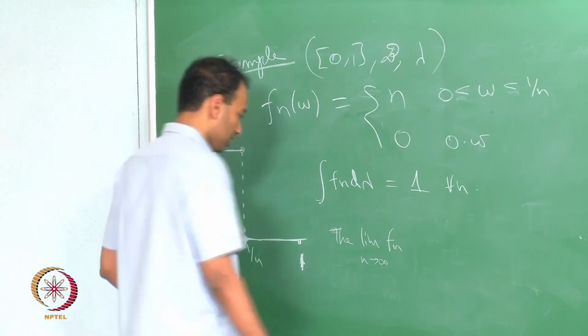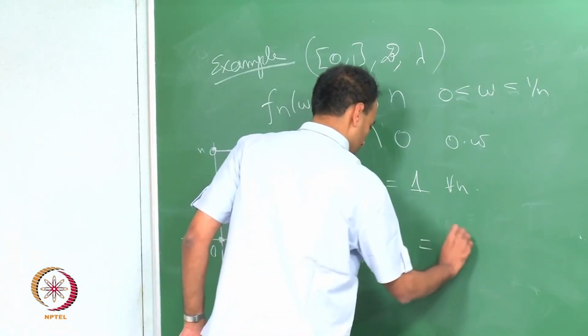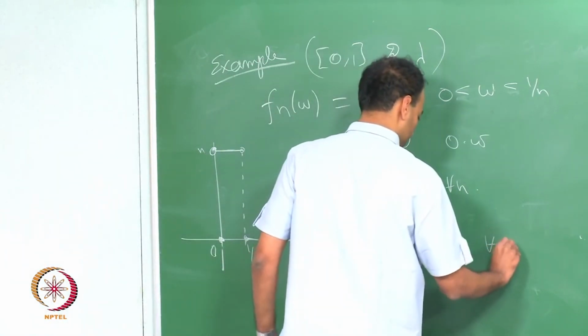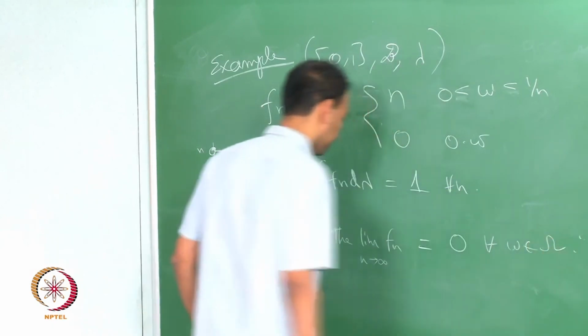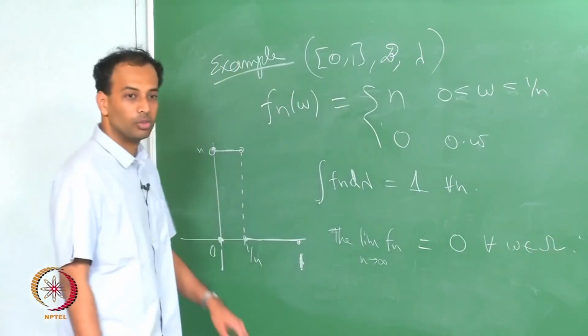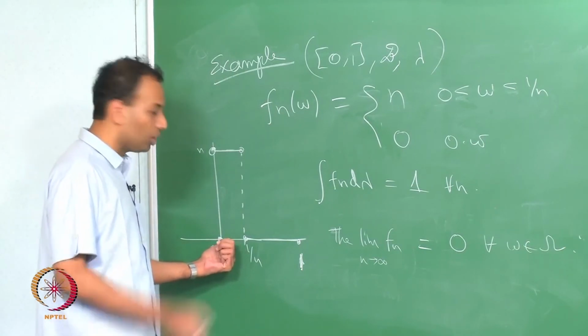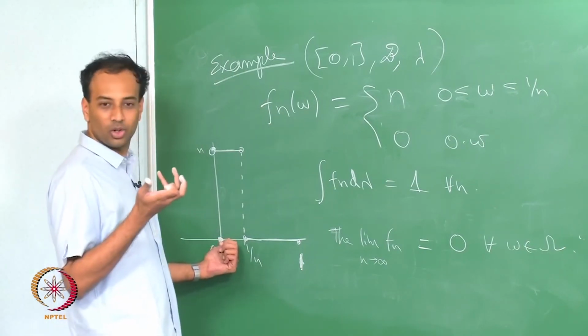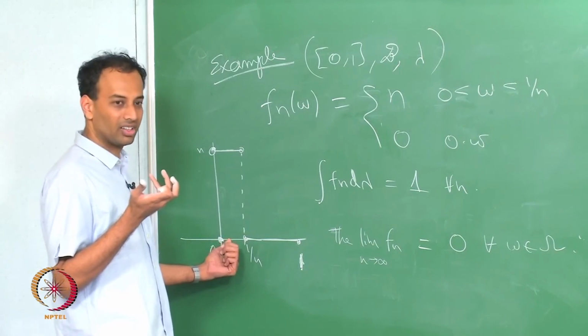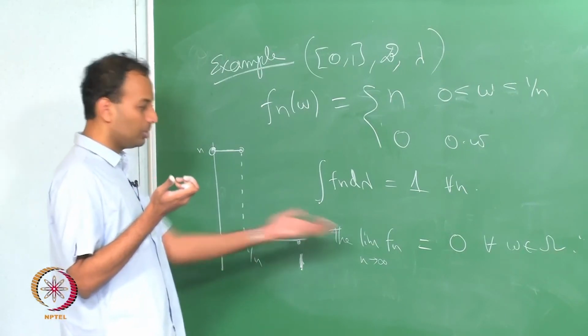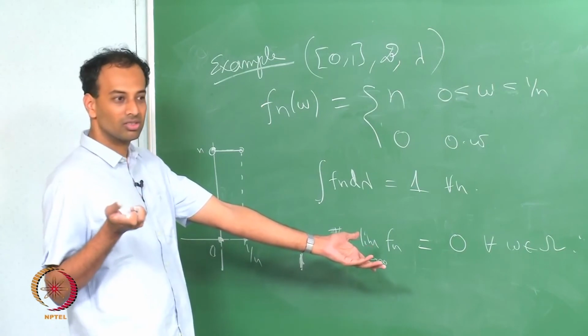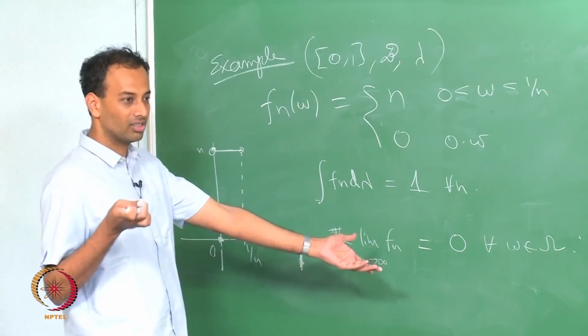So the limit function is equal to 0 for all omega, correct, because no matter which omega you give me, there will be some n beyond which the function is 0. So the limit function is identically 0, correct.